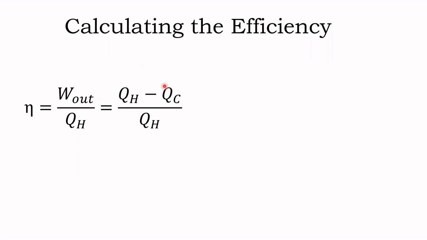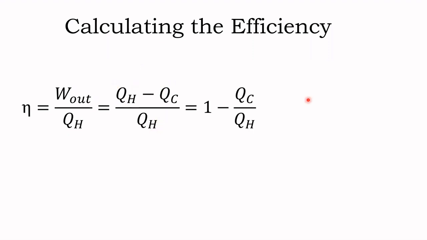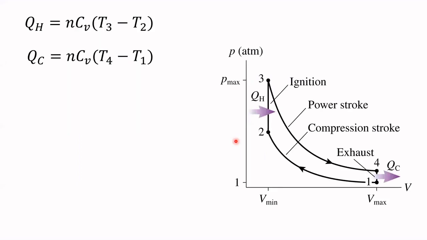They're related, of course, because that is the means by which heat is exhausted. But this is a thermodynamic definition, not a word describing the carbon monoxide that gets sent out the exhaust pipe on your car. Well, we can distribute the QH here. And I haven't talked much about this, but this is a good way to write the efficiency of a heat engine. So all we have to do is evaluate the two heats, and we'll have our expression for efficiency.